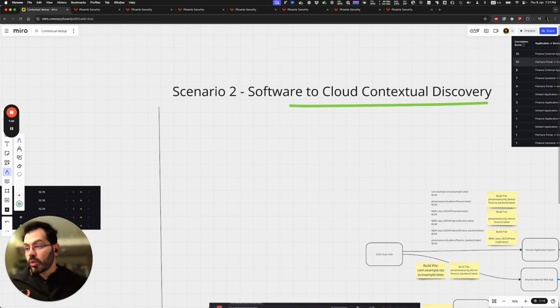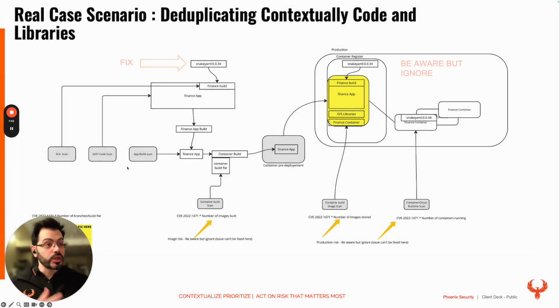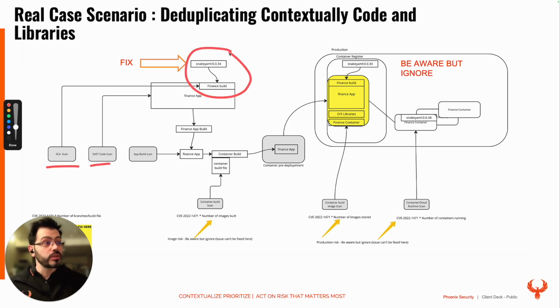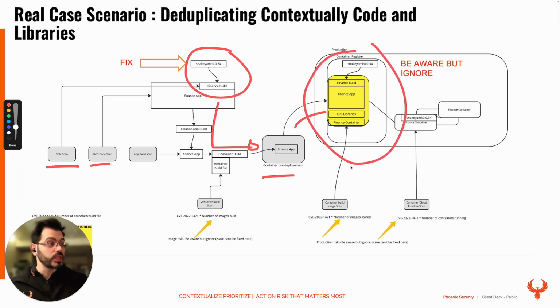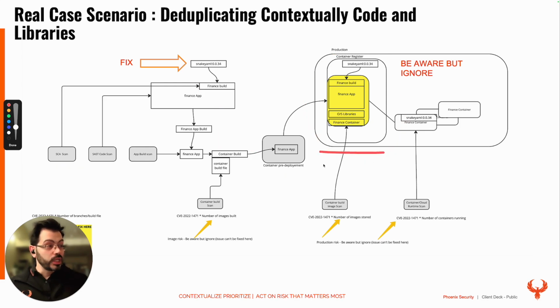And the way it works is to, first of all, correlate things together in a scenario where you scan different things at different stages of the pipeline. With your SCA, with your SAST scanner, you identify a particular library that is getting built inside a container, and then this container gets deployed in your environment, you scan your environment or you scan your container in this particular instance, and you get a number of vulnerabilities either here or in runtime.